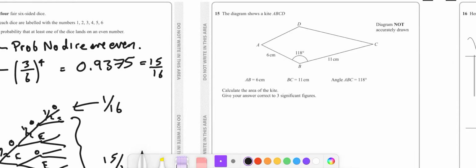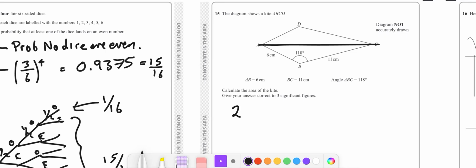Okay, question 15. Calculate the area of the kite. So we split it into two triangles.